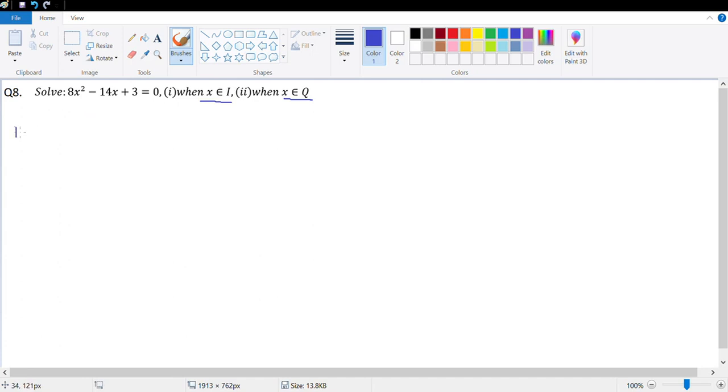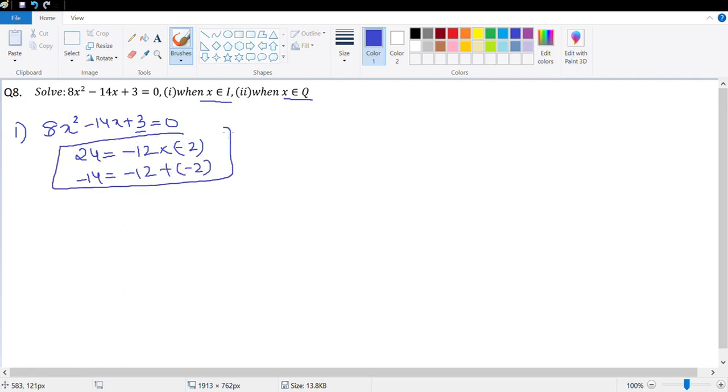So 8x squared minus 14x plus 3 is equal to 0. I need to find factors of 8 into 3, which is 24, the sum of which would be negative 14. Right, so negative 12 into negative 2, yes, that's positive 24, and negative 14 can also be written as negative 12 plus negative 2. Perfect. So I've got my factors.